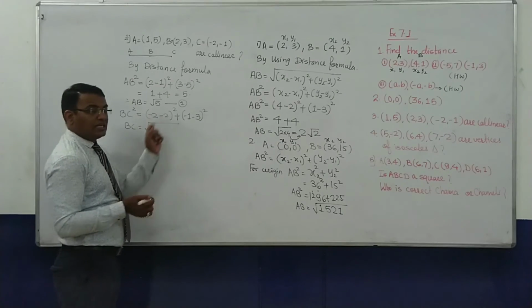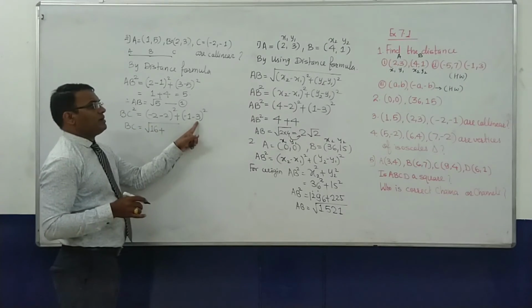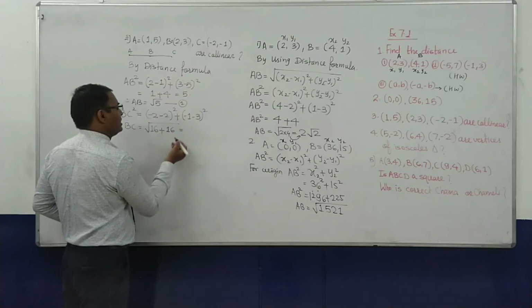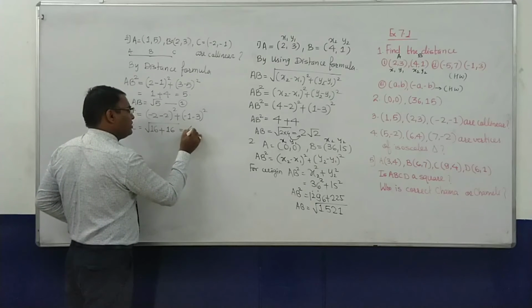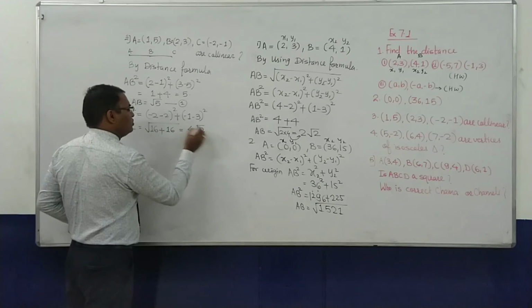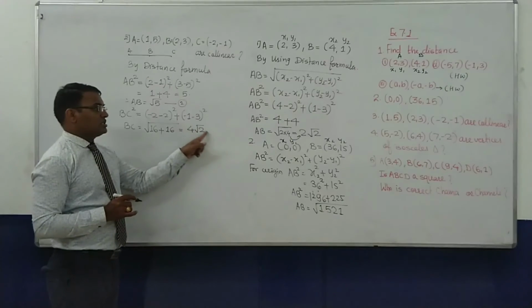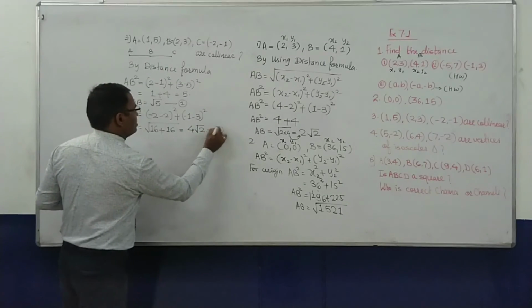Minus 4 square is 16. Then minus 1 minus 3 is again minus 4. So 16. That is 16 plus 16, 2 times 16. So it can be written as 4 under root 2. How? Because 2 into 16, and the square root of 16 is 4, and 2 as it is. So this is equation 2.